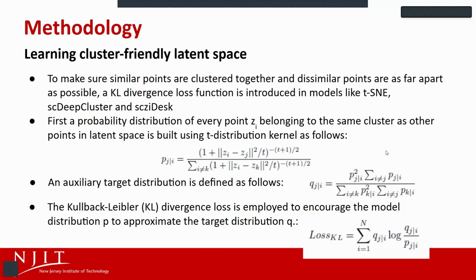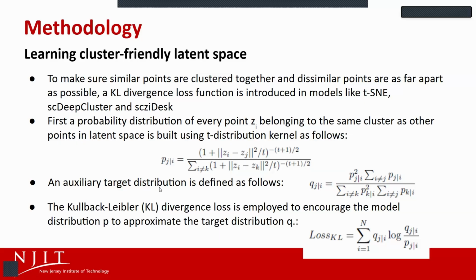Specifically, the T distribution kernel is used because it allows us to control the degrees of freedom a point has, which essentially gives the distribution related to a point heavier tails than that of a Gaussian distribution. Why we need heavier tails associated with a point's distribution, we will come to that later.